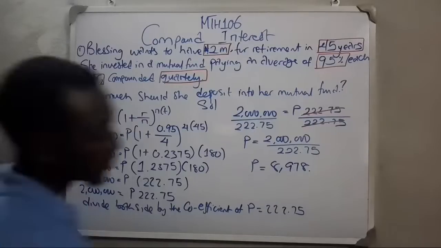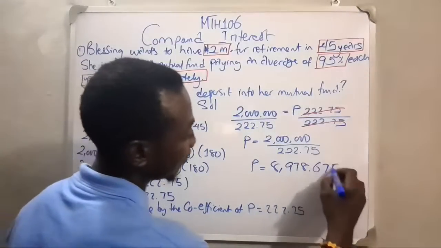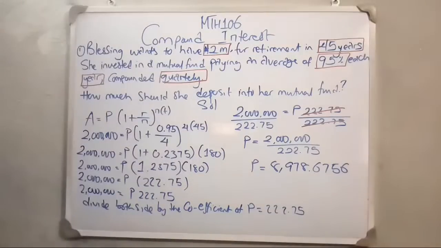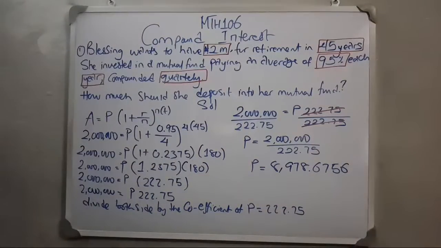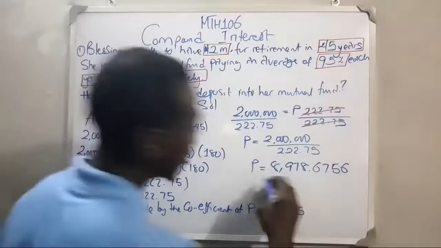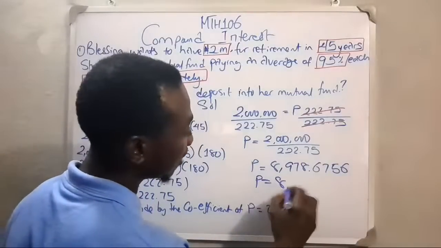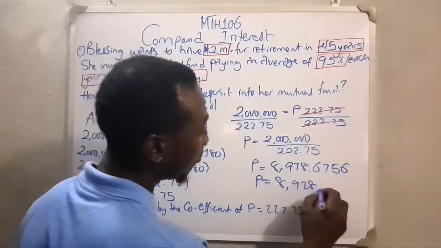6756. All right, because we have 6756, and what after 6 is 4, which is not up to 5. Or if you want to abbreviate, then you have P equals 8,978 point.